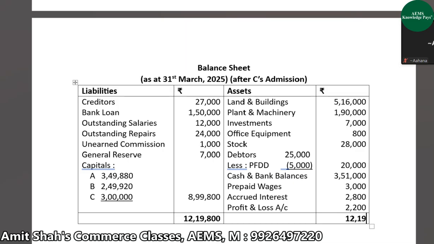So 12 lakh 19,000, and this 800 will give us 12,19,800.